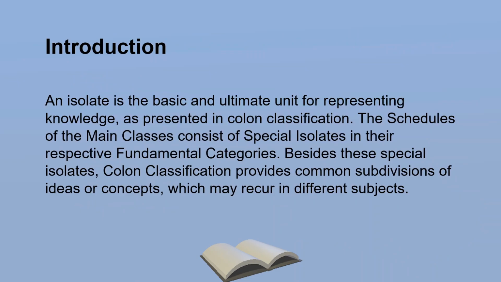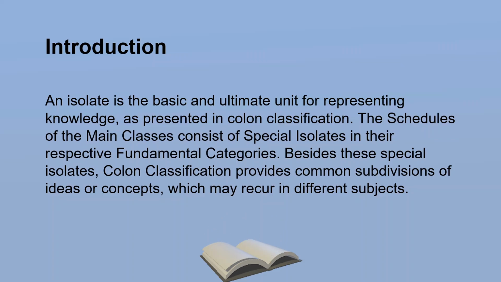Today in this session we are going to discuss the use of common isolates in colon classification 6th edition. An isolate is the basic and ultimate unit for representing knowledge as presented in colon classification. The schedules of main classes consist of special isolates in their respective fundamental categories.